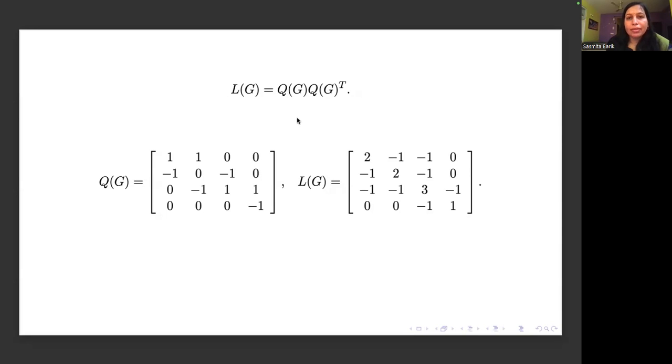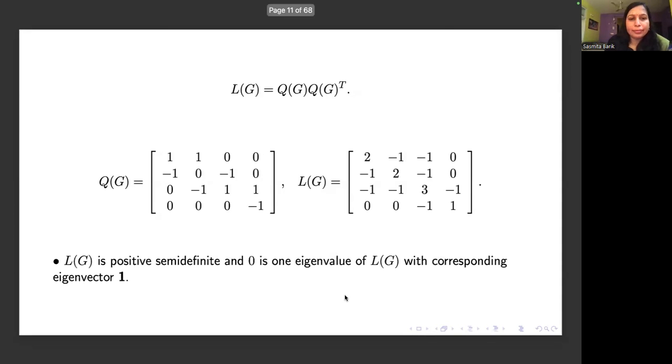So from this, we can observe that L_G is a positive semi-definite matrix. That can be proved in another way also, which we'll see.